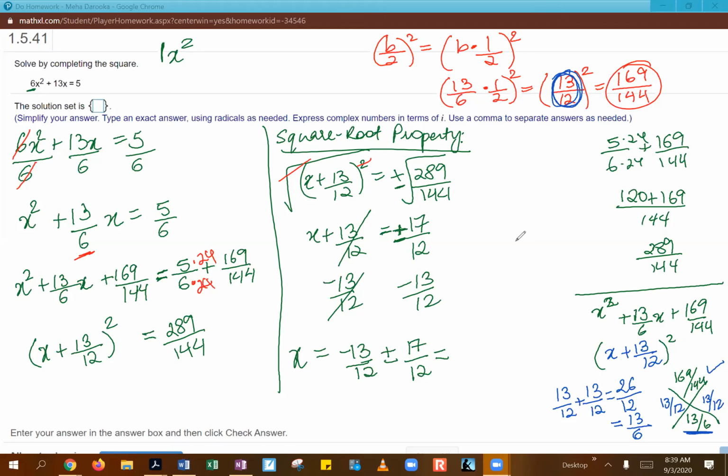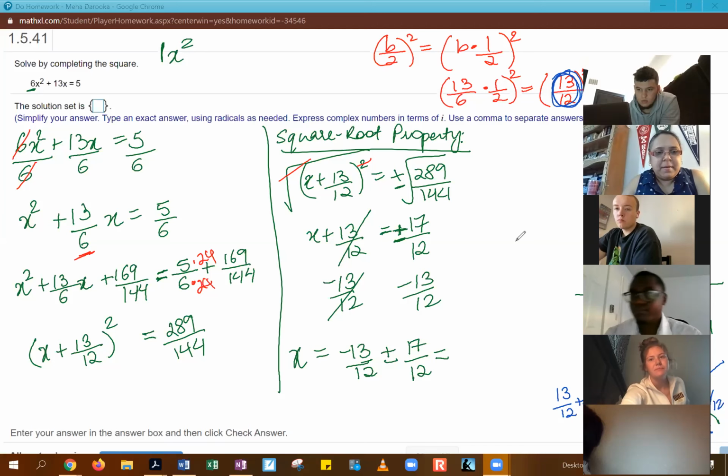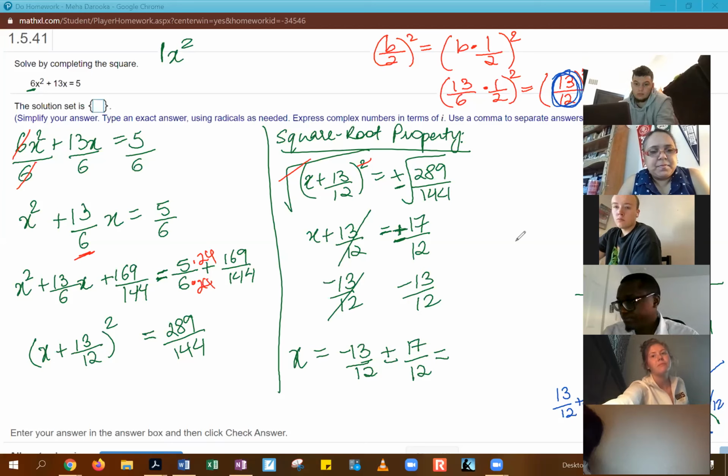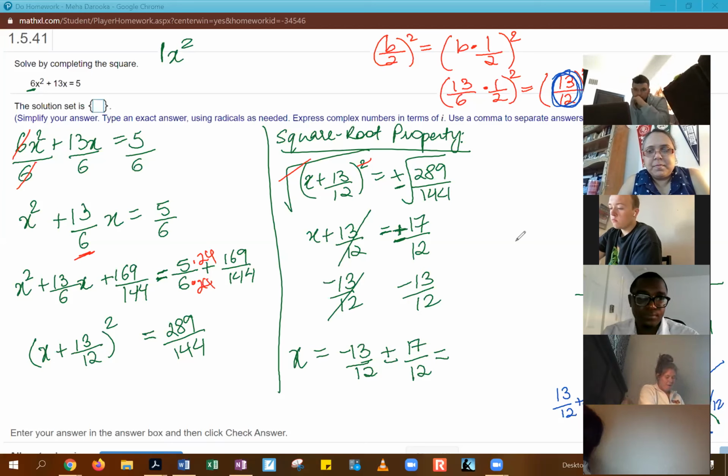Okay, let's see. Maka, you've got negative 5/12 and 5/2. Dalton gave us 1/3 and negative 5/2. Okay, let's see.